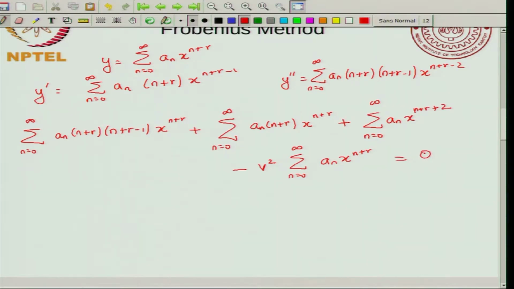So this is our equation. Okay. Now the lowest power of x in this equation, remember n goes from 0 to infinity. Okay. So the smallest power of x, if n equal to 0, then you have x raised to r.